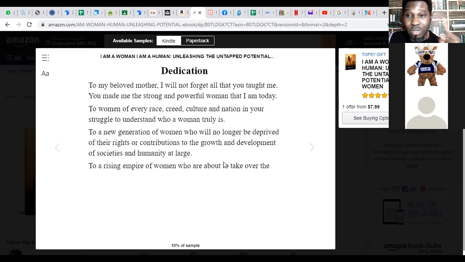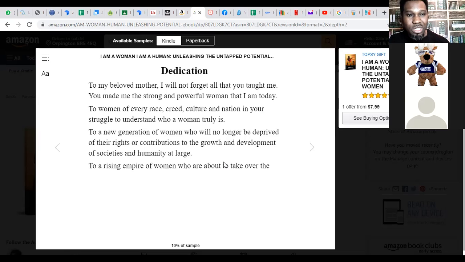"To my beloved mother, I will not forget all that you taught me. You made me the strong and powerful woman I am today." You see, she's recognizing her mother, giving honor to her mother. And then after that, she said, "To women of every race, creed, culture, and nation, in your struggle to understand who a woman truly is." You see, she's recognizing all women because this book is for women.